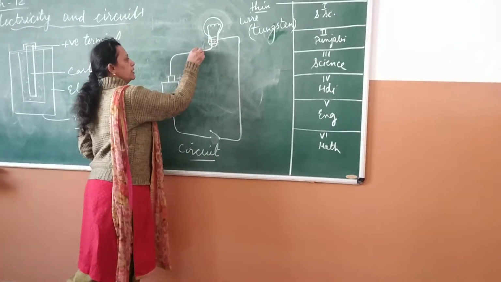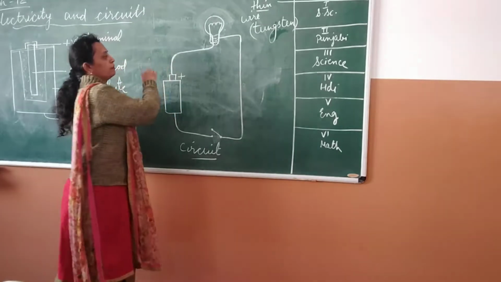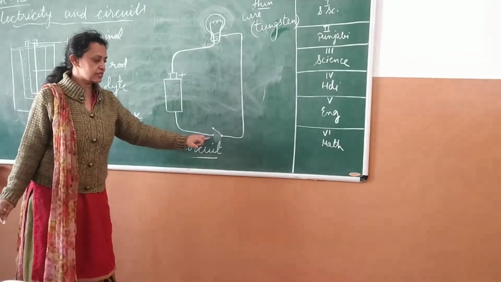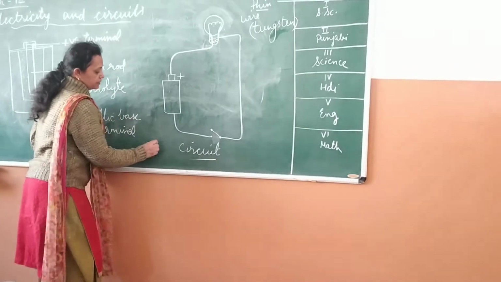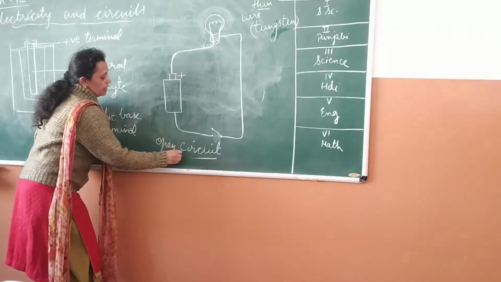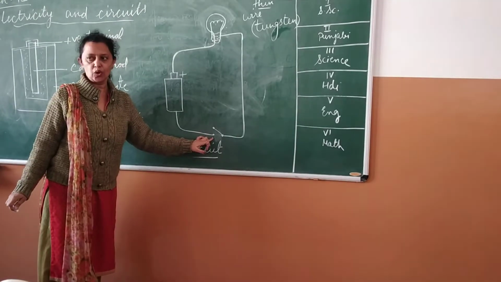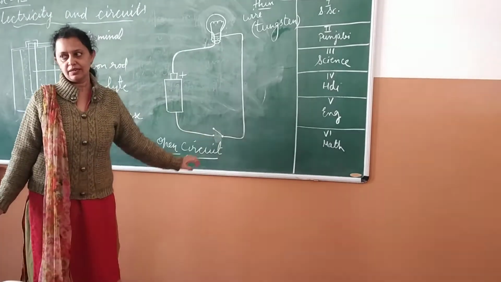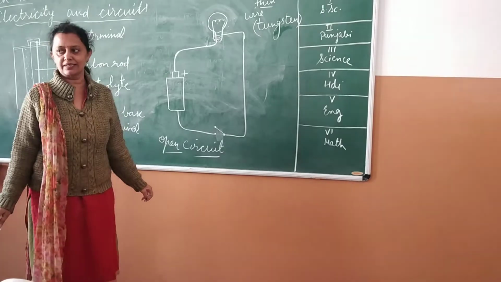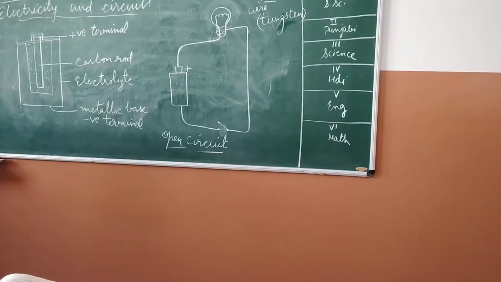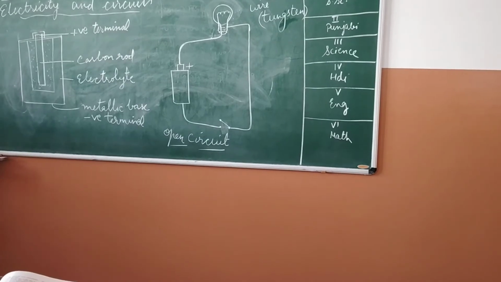So this will be an incomplete circuit. Clear? Now this is an open circuit, and when you switch it on, then it is a closed circuit. Clear? Complete circuit.